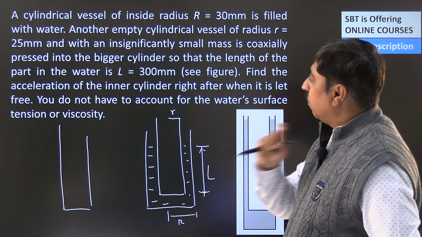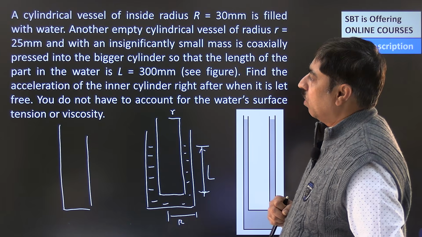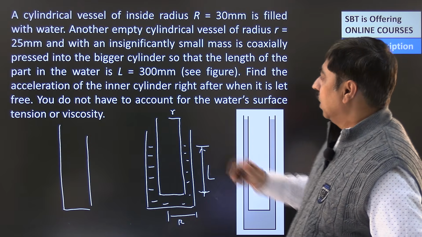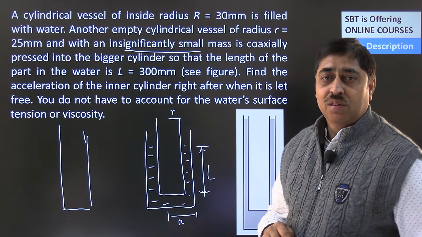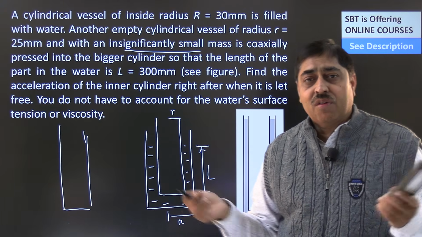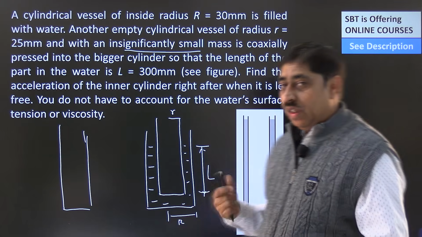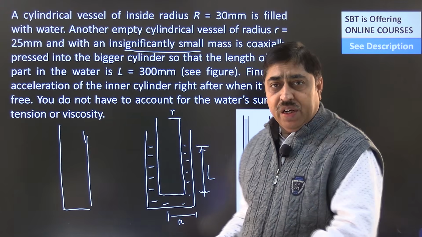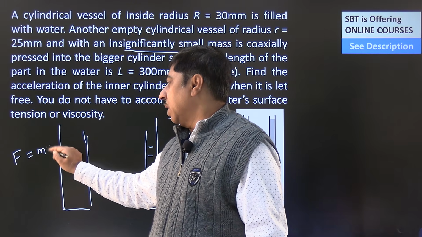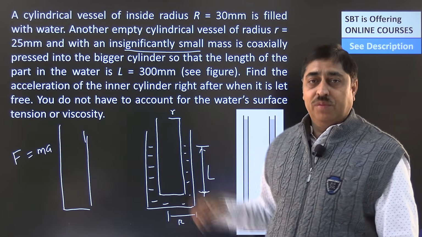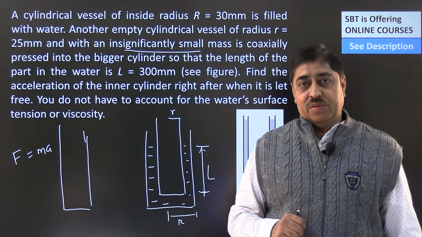The first and foremost thing of great importance is that this inner cylinder has insignificant mass, massless. It does not have any mass. Otherwise, I was getting tempted to use this equation because the question is asking about acceleration. When I release it, what is its acceleration?